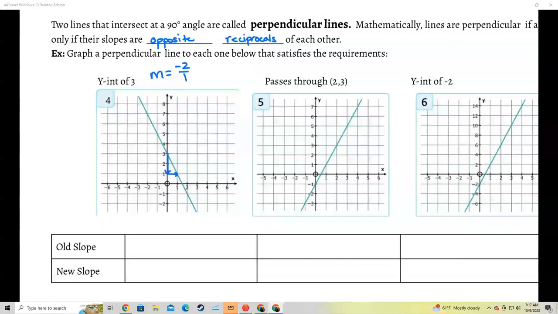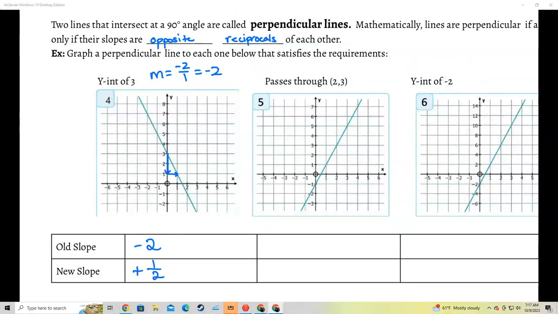My old slope is negative 2. But my new slope, because I want it to be perpendicular, I need to change the negative into a positive, and I need to flip that 2 over 1 and change it to 1 over 2. So the slope changed from a negative 2 to a positive 1 over 2.